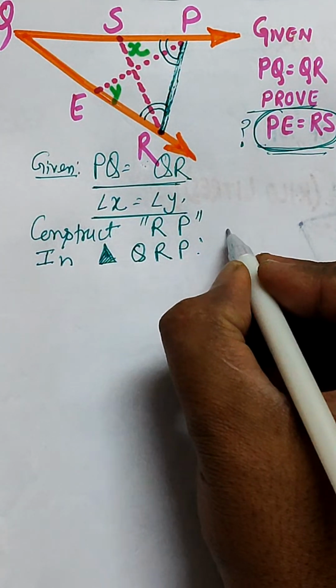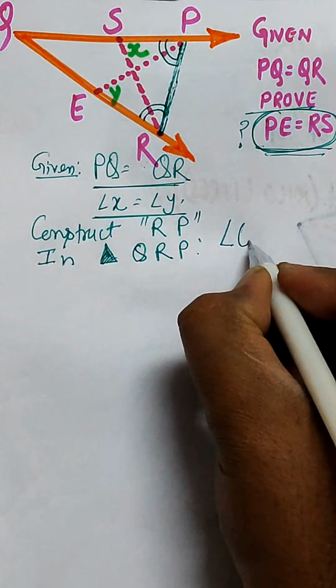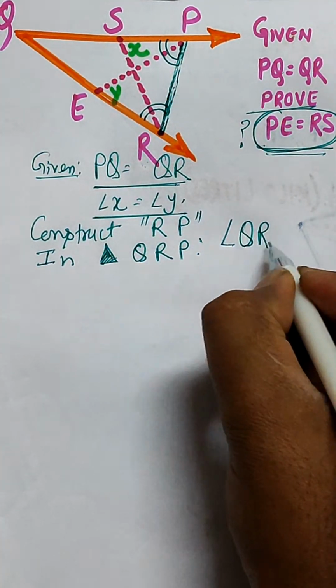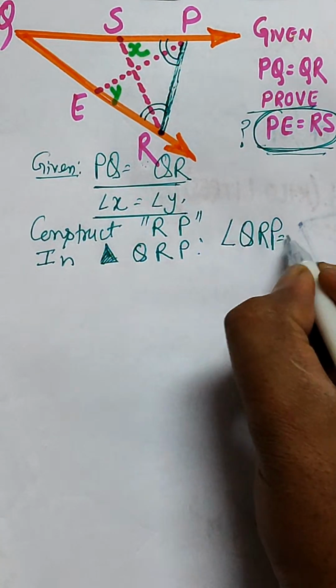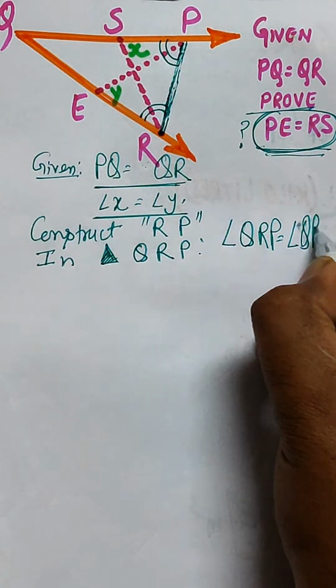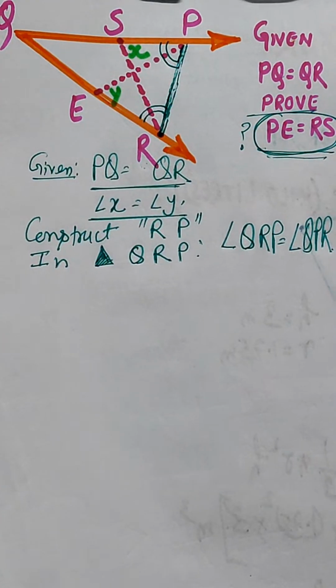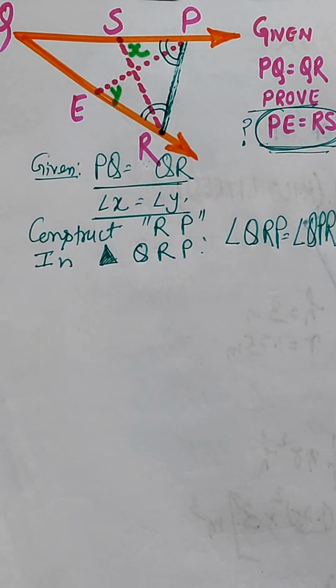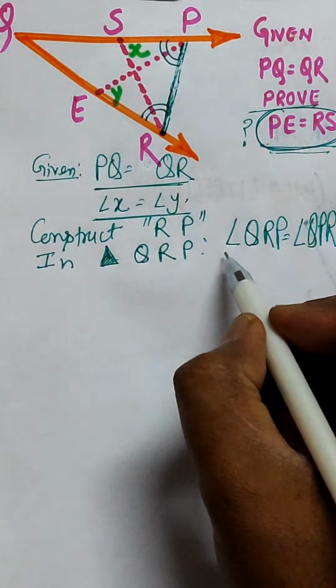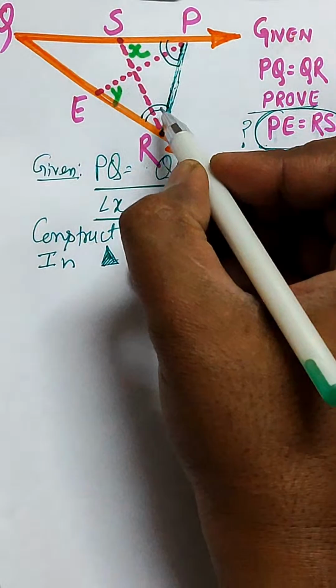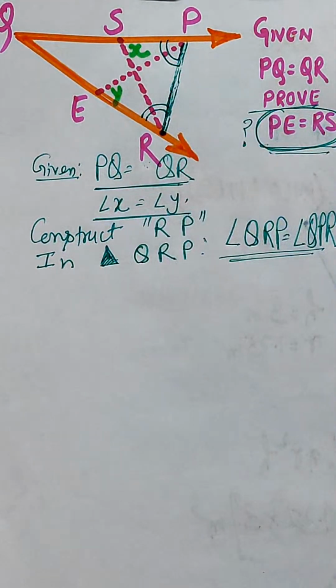So we can say that angle QRP is equal to angle QPR, right? That means this angle is equal to this angle.